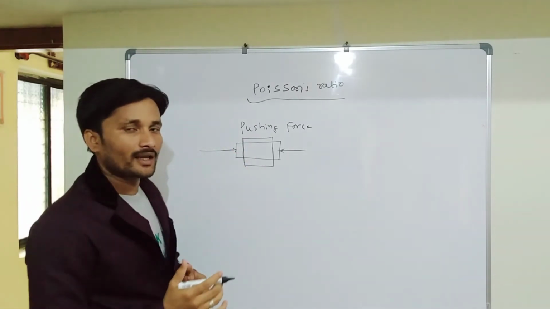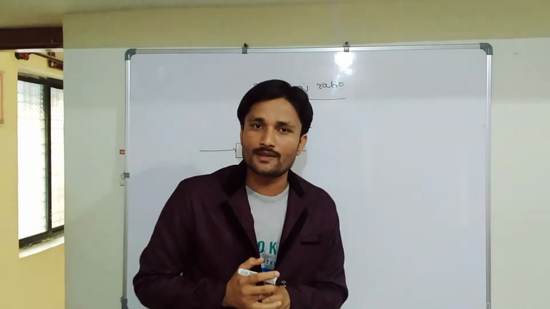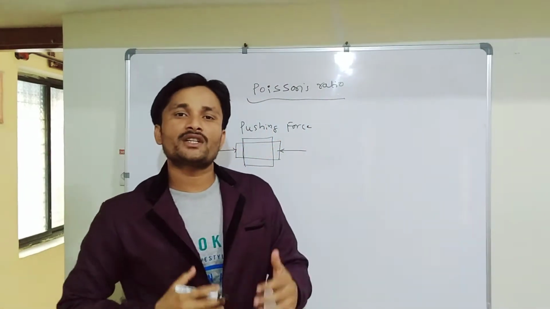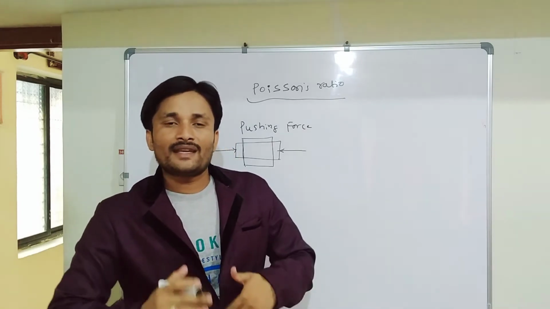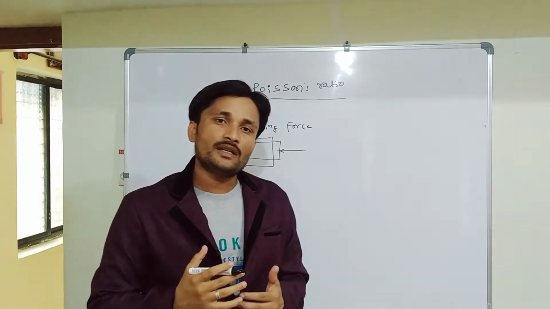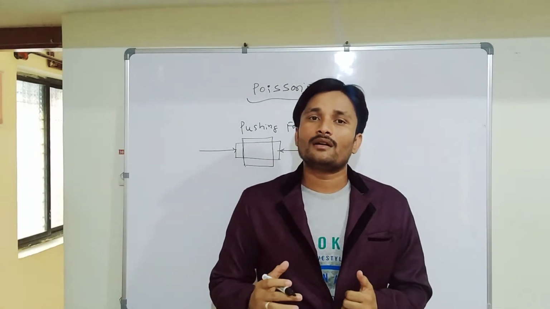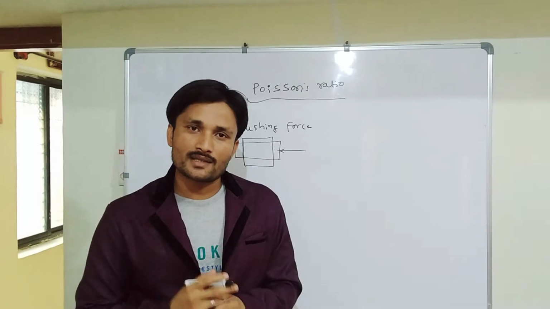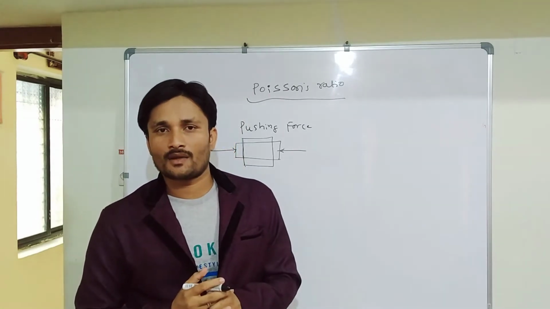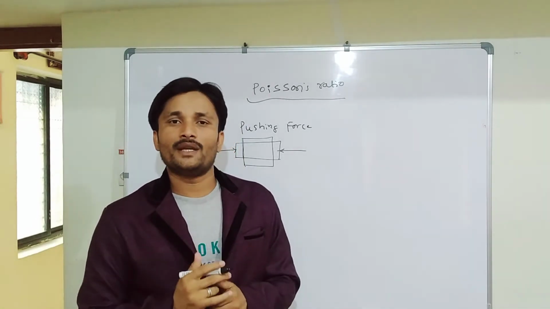So that's why we can define Poisson's ratio: whenever a body is subjected to a stress in a particular direction, we can see that there will be a change in a dimension of the body in the other two perpendicular directions. That is called Poisson's ratio. Okay, one more time I'll repeat.